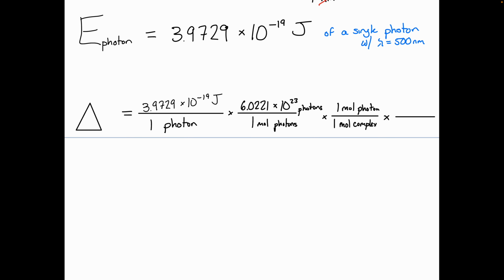All right, and then lastly, just for making the number pretty, we're going to put that into kilojoules per mole complex instead of joules, so I'm going to divide by 1,000. All right, so we're going to take our energy of our photon and multiply it by Avogadro's number, divided by 1,000.